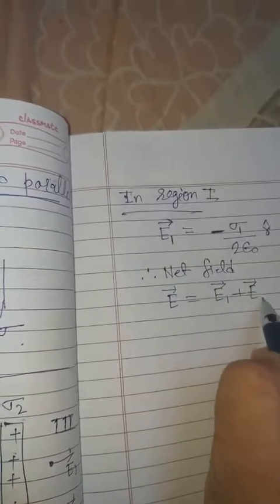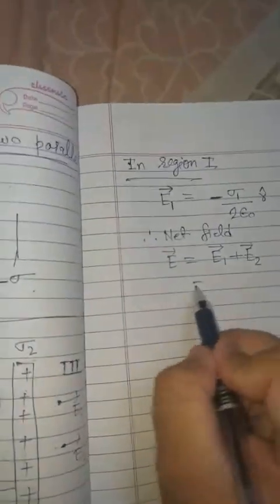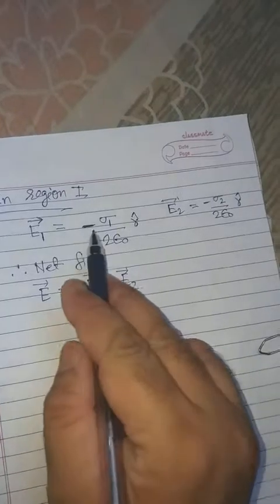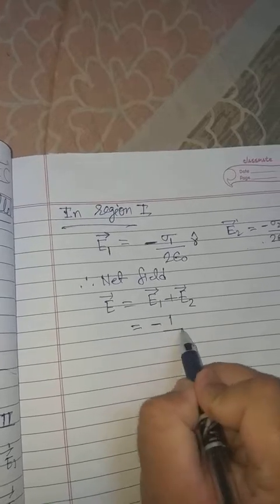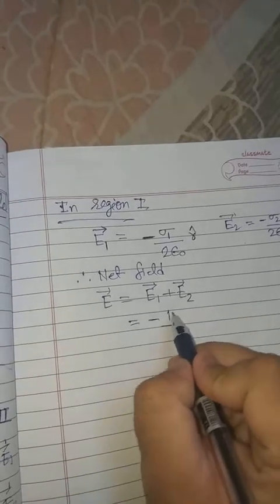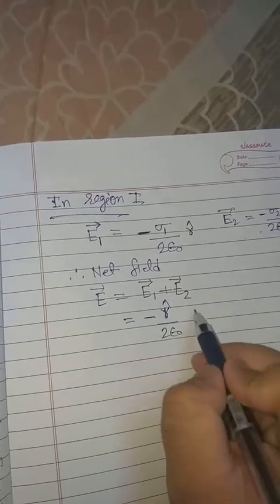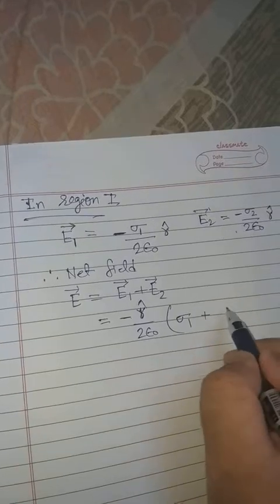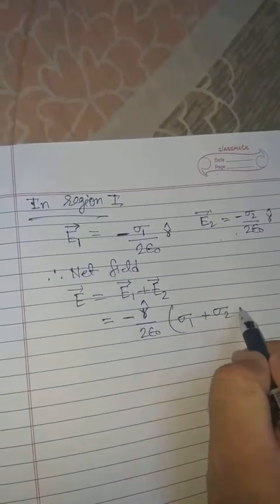Since both are vector quantities, we have to add them vectorially. We take the minus common, and 2 epsilon naught comes common, with sigma 1 plus sigma 2.